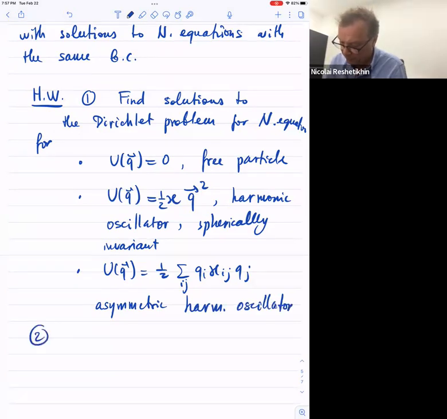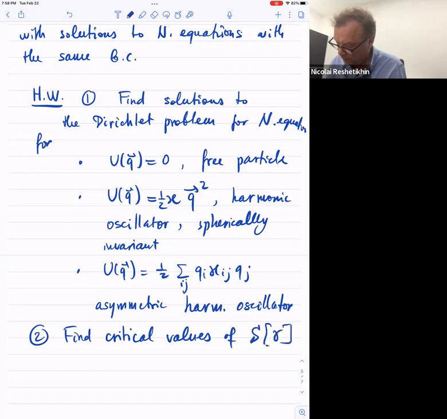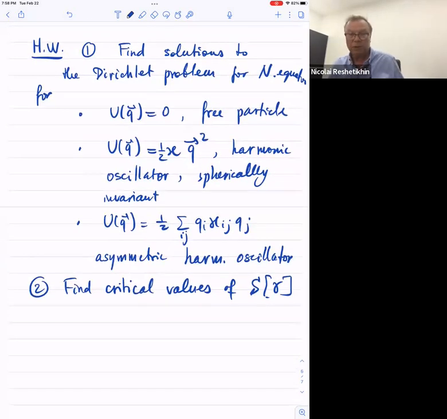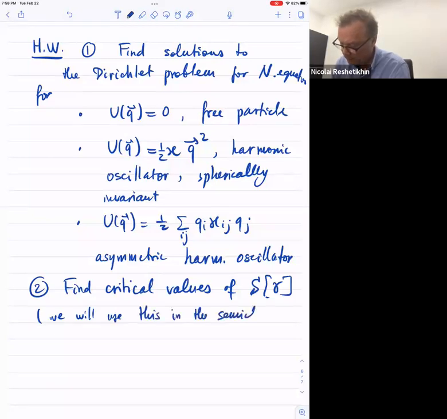And second problem, find critical values of the action function. We will use the second homework in the semi-classical analysis in quantum mechanics.